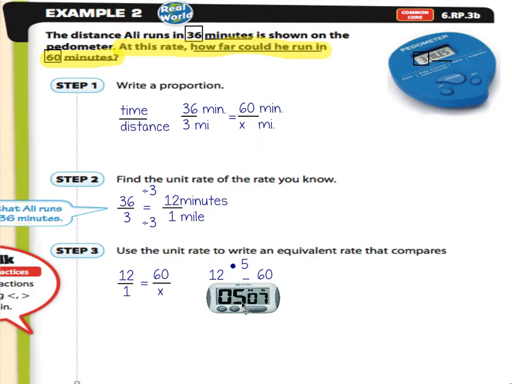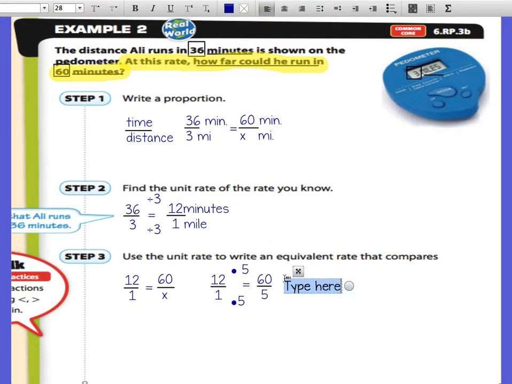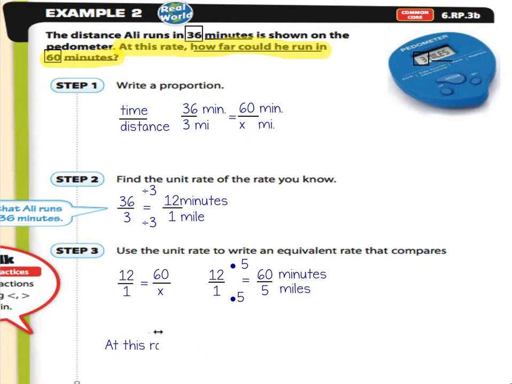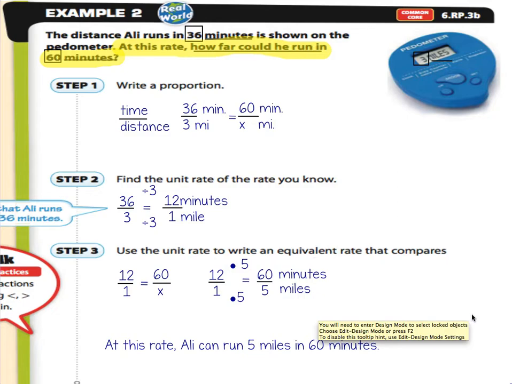So on the bottom, I have to multiply by 5, and when I do that, I get 5. So now I know that when she runs for 60 minutes, because that's what's on top, because we always had minutes on top, she will run 5 miles. So my answer is, at this rate, Allie can run 5 miles in 60 minutes.